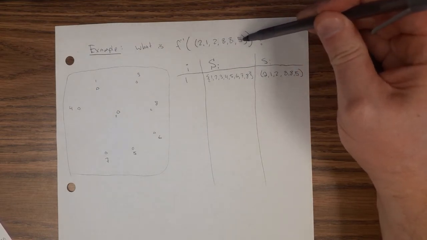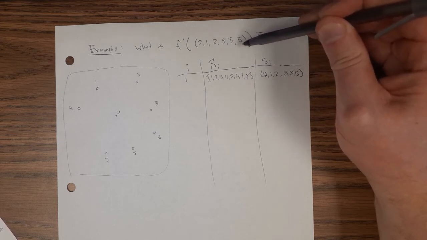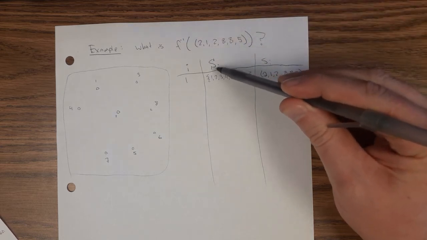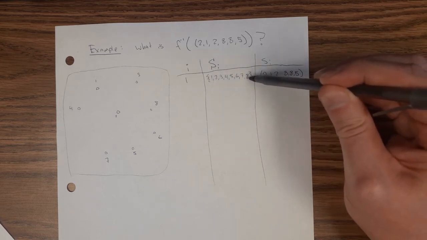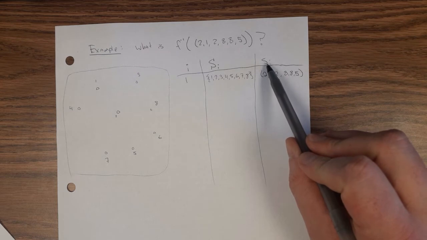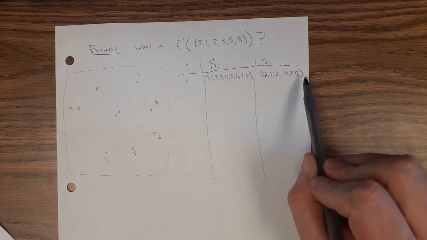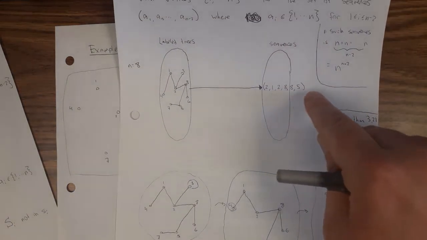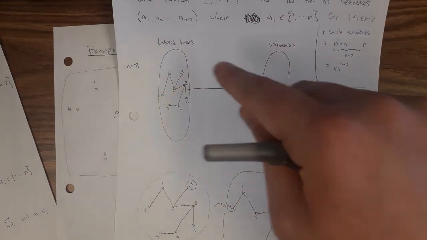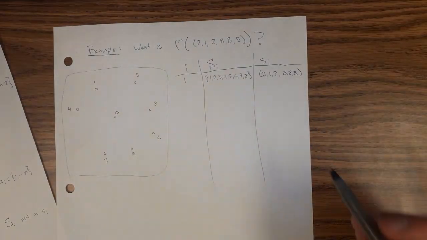That means that n is 8, because the length of the sequence is n minus 2. So my set big S1 is just going to be the set of numbers from 1 through 8. And my sequence little s sub i is the sequence that we're trying to figure out which tree it came from. So that's how I start.